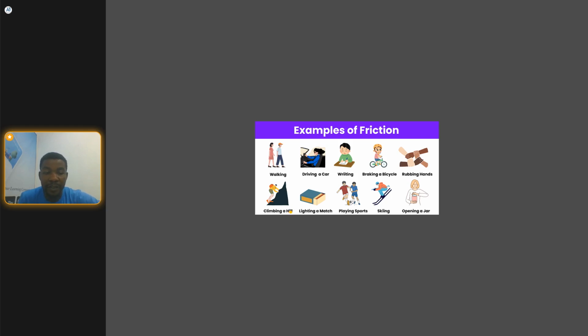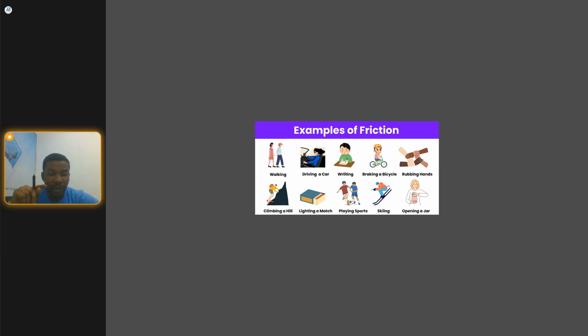What you discover is that the surface of the tire is always rough. And it is rough so as to enable friction to take place whenever you apply the brake. The surface of the tire is actually in contact with the surface of the road. So when you apply brake, what actually makes it stop is how the tire looks.